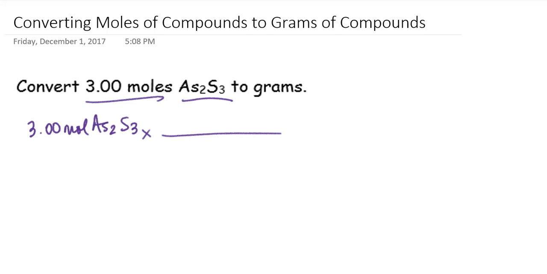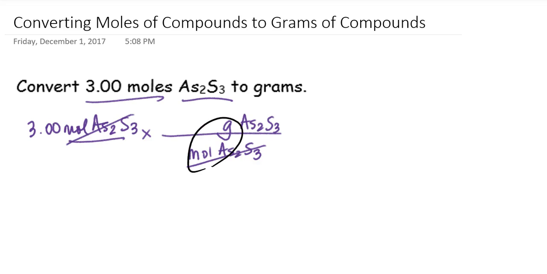If you recall, if I have a set of units in my given information, they will appear in the denominator of my first conversion factor, so that those units will cancel each other out. And I want to convert to grams of diarsenic trisulfide. If you recall, this set of units, grams per mole, those are units of molar mass. And so that signals to me that I need to calculate the molar mass of diarsenic trisulfide.